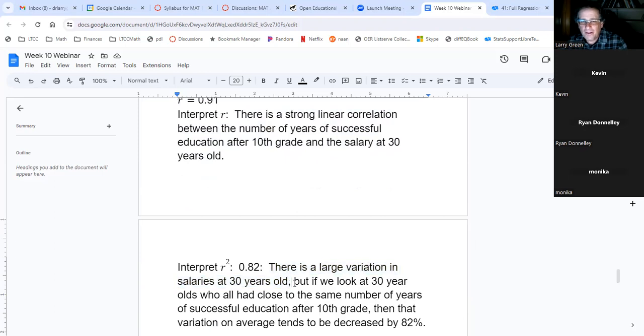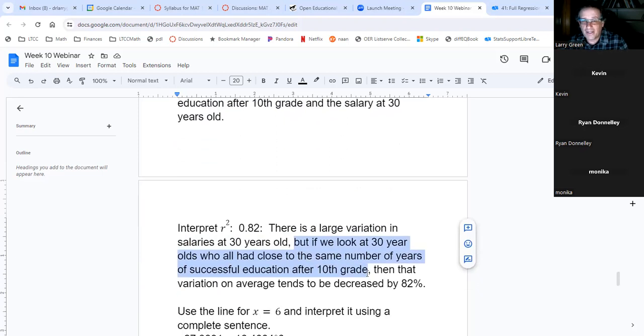Okay, but if we look at 30-year-olds who all had close to the same number of years of successful education after 10th grade, then that variation on average tends to be decreased by 82%. It's not the salary that's decreased, it's the variation.